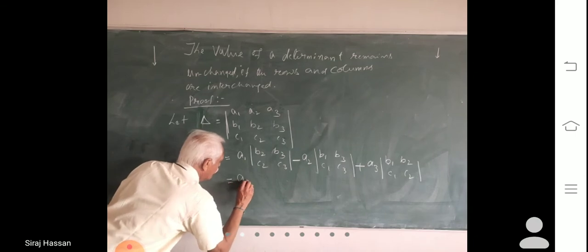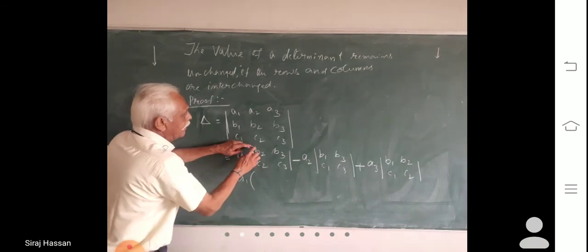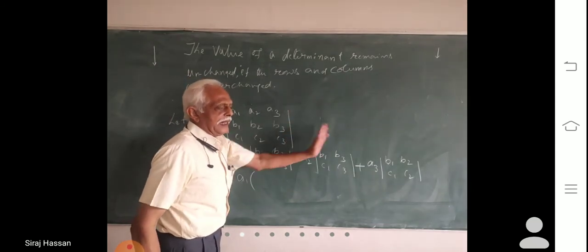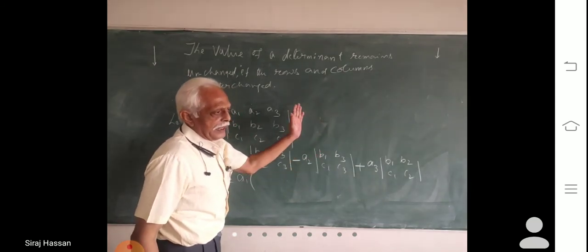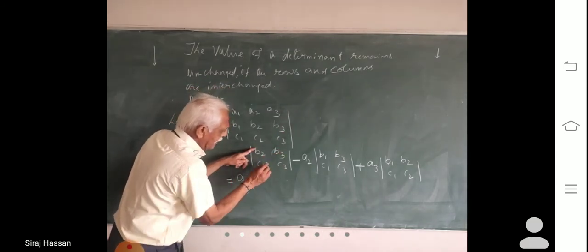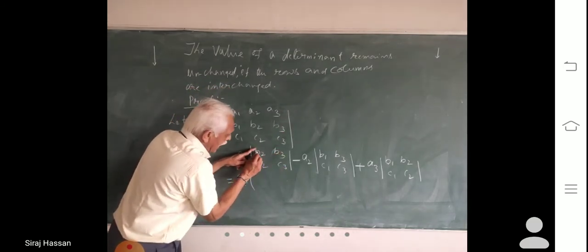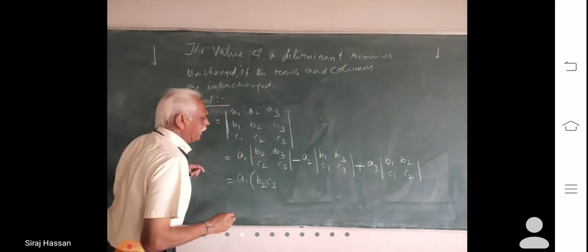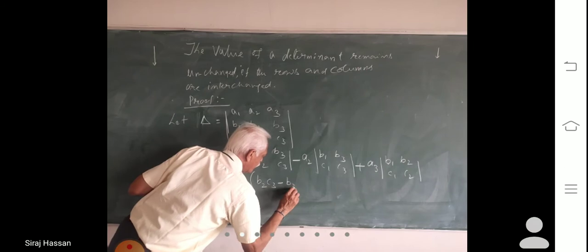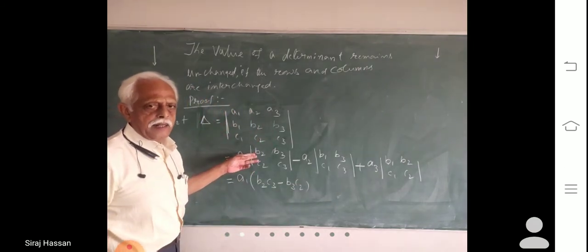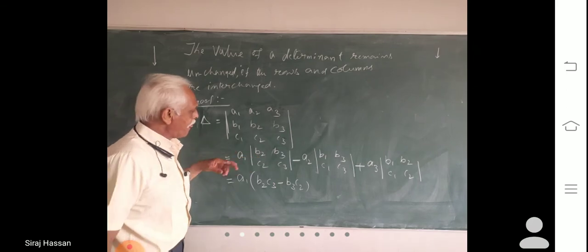Now if you expand them, what are you getting? A1 into, we know that if A, B, C, D is a determinant, the expansion is AD minus BC. AD means B2 C3 minus B3 C2. Two second order determinants.